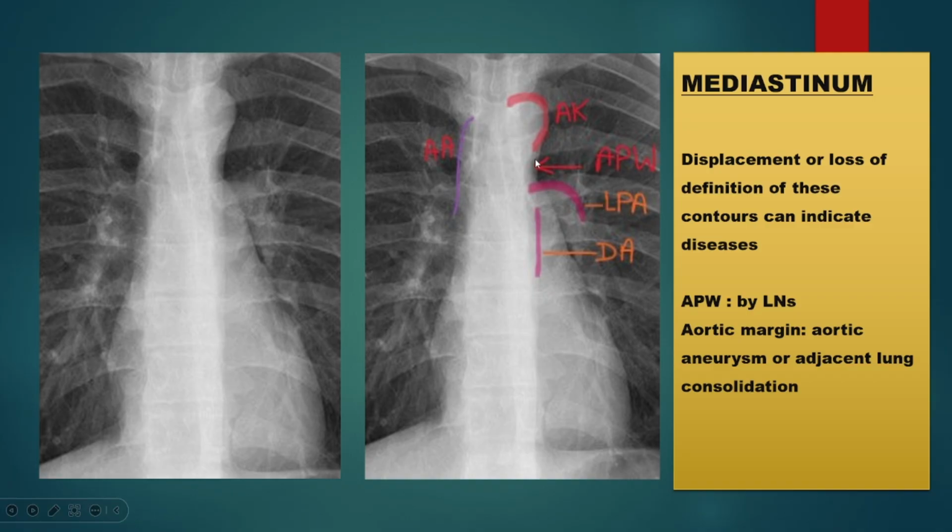For example, lymph node here will obscure the aortopulmonary window, and certain pathologies can displace or deviate the mediastinal contours, such as aortic aneurysm can displace the margin of the aorta, and adjacent lung pathologies can obscure the mediastinal margins. For example, consolidation.